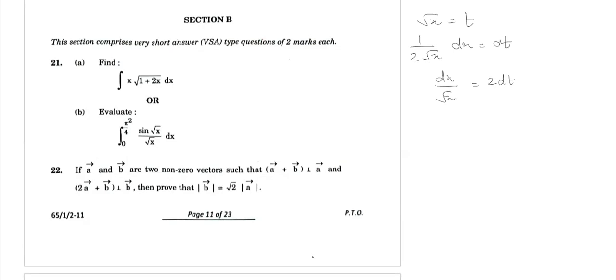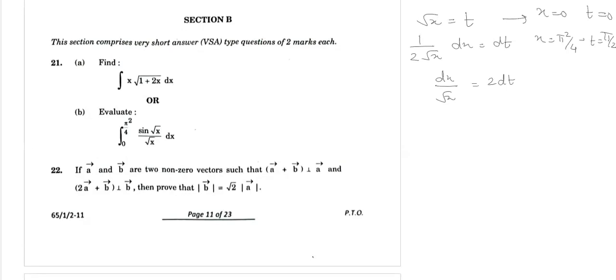Okay. Also, the upper and lower limits are there. So when x is equal to 0, t will also be 0. And when x is equal to pi square by 4, t will be equal to under root, under root means pi by 2. It will be pi by 2.